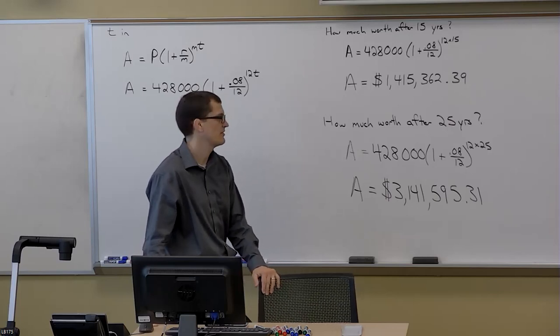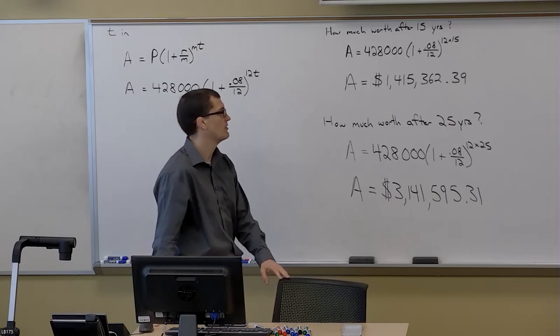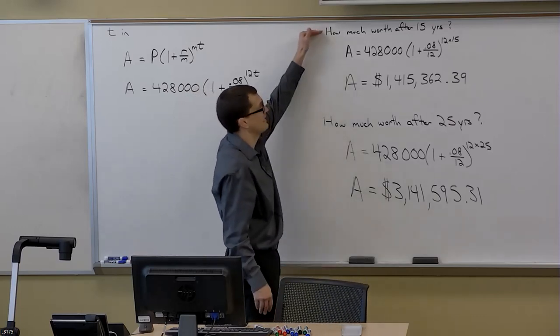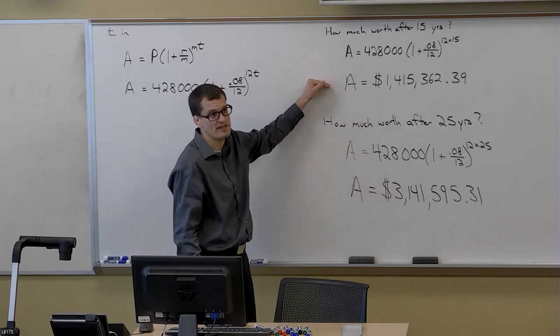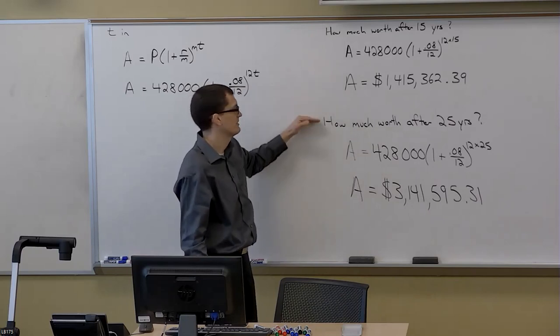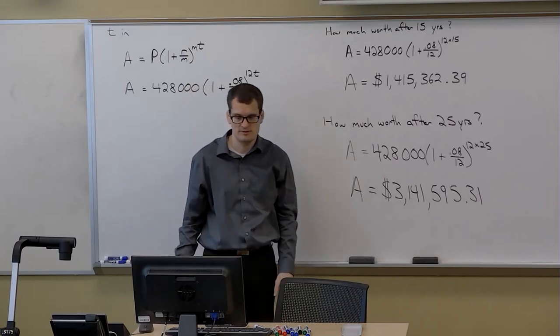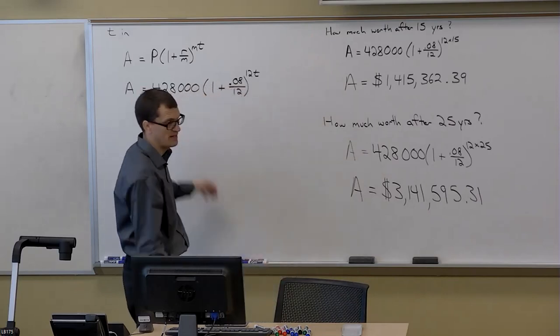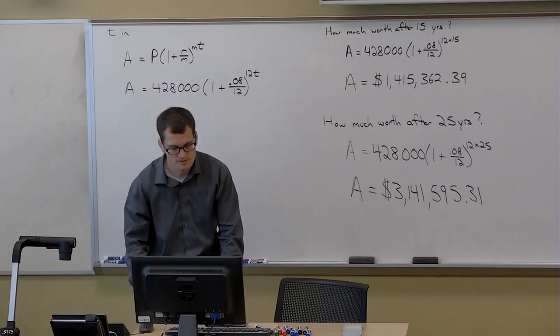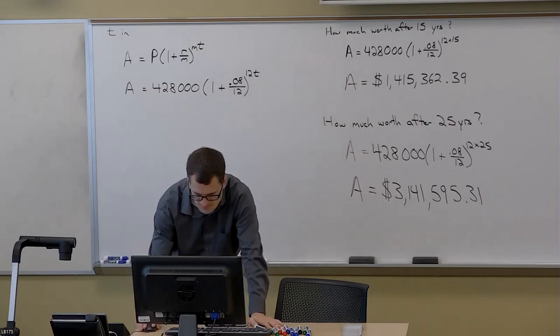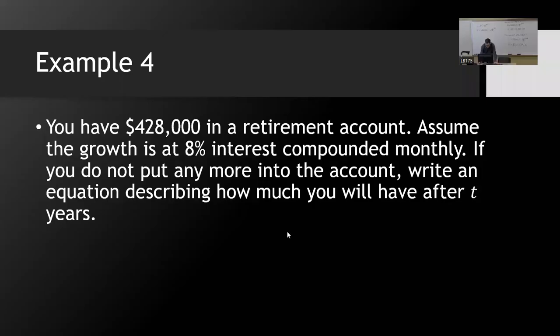Well, again, if you are only saving your last 15 years for retirement, that's a big difference than saving your last 25 years. I know we start with a big initial amount, but that's what it is. Is that right? Good.